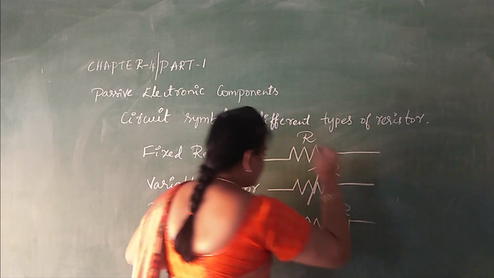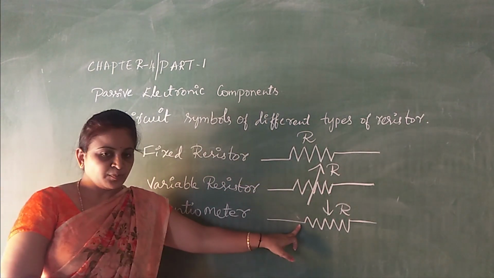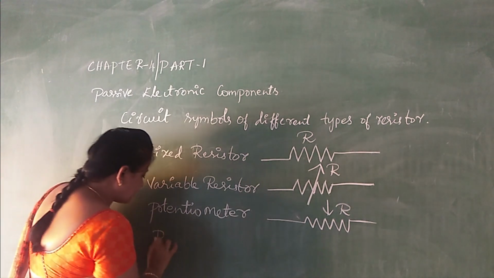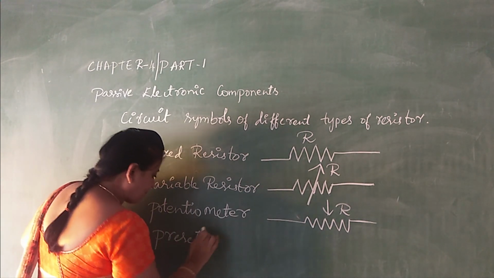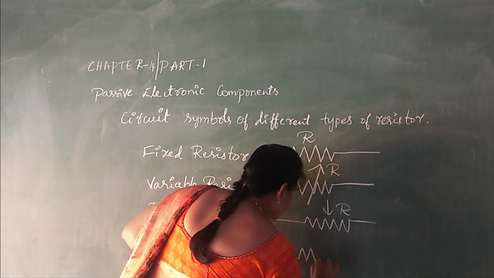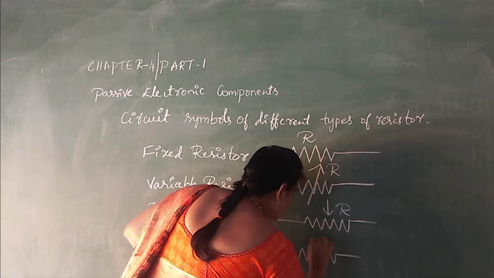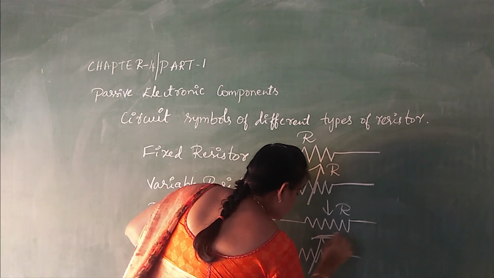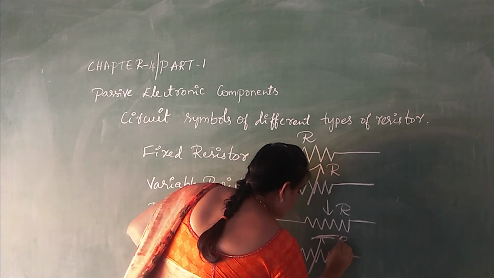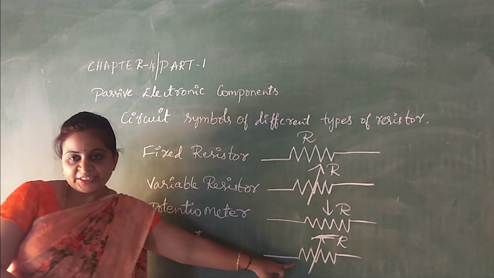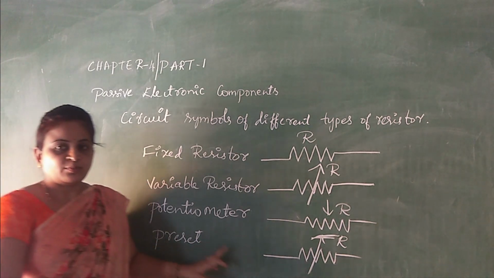So this is potentiometer circuit symbol. Next we have preset. So this is the symbol of preset resistor.